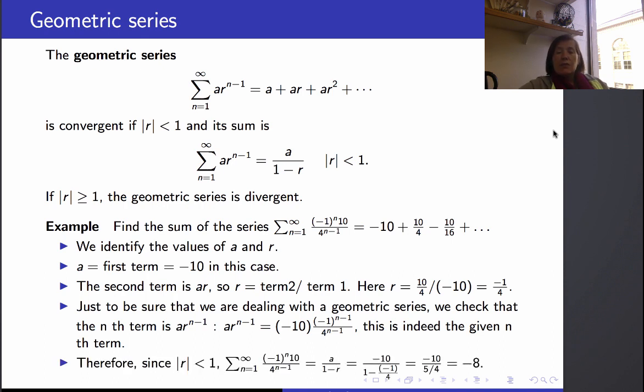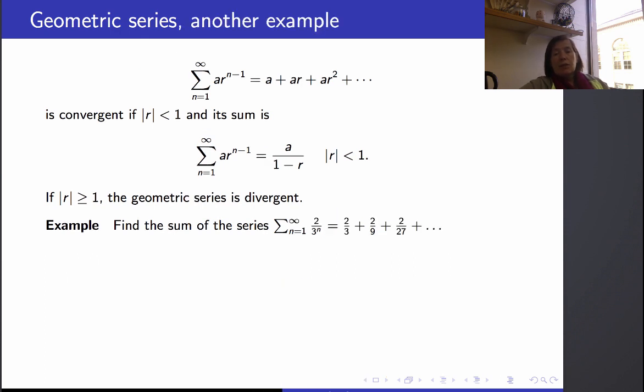Now we can plug things into our formula. So we have this sum is a over 1 minus r, which is minus 10 over 1 minus minus 1 over 4. And this is minus 10 over 5 over 4, which is minus 8. So the sum of our series in this case is minus 8, and our series converges.